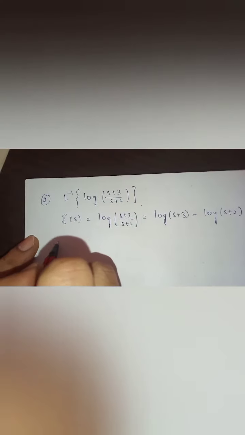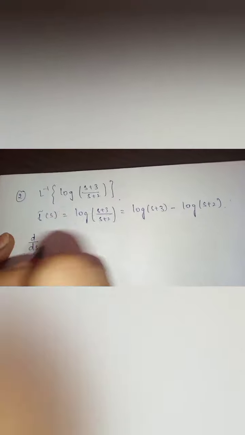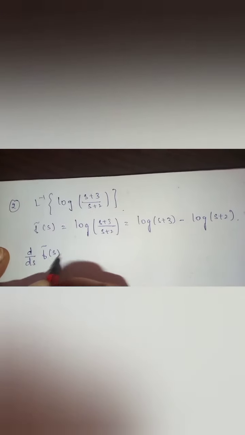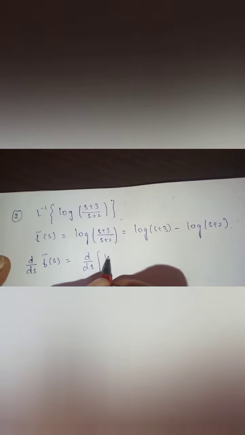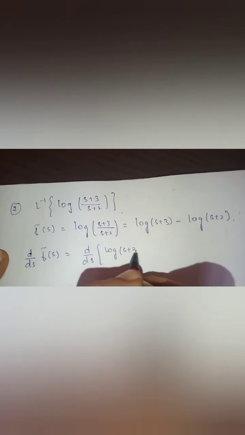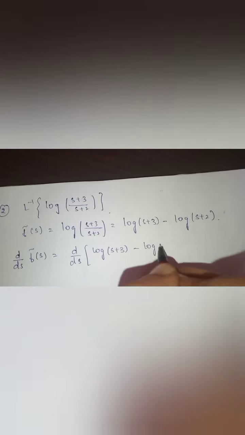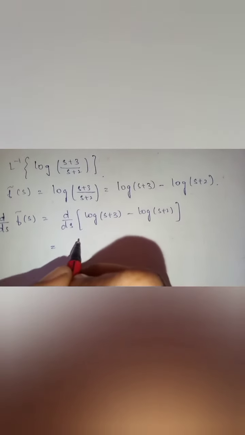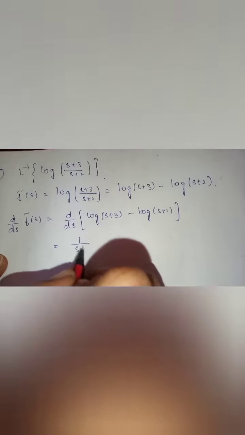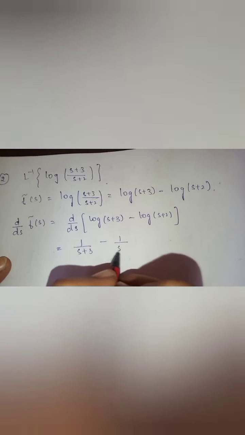Now if you find the derivative, d by ds of f bar of s is d by ds of log of (s plus 3) minus log of (s plus 2), which is equal to 1 by (s plus 3) minus 1 by (s plus 2).